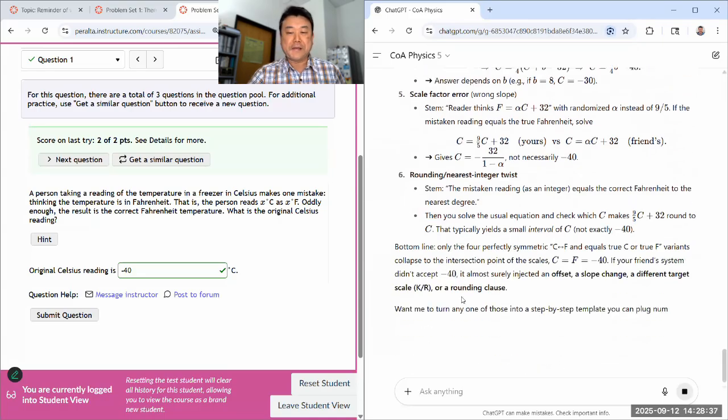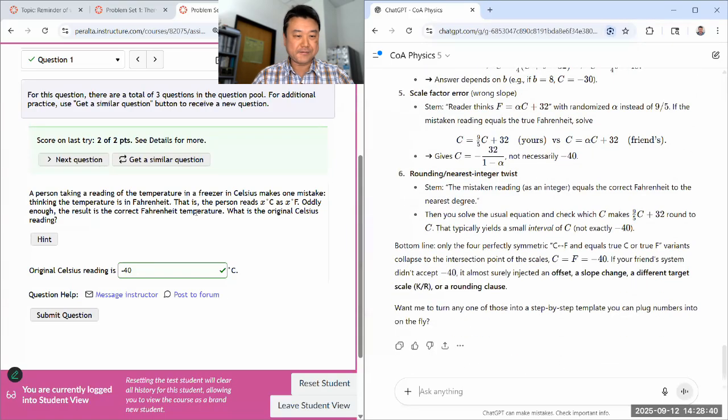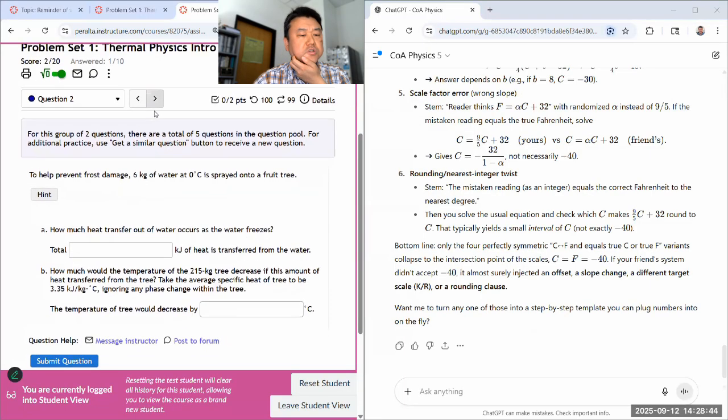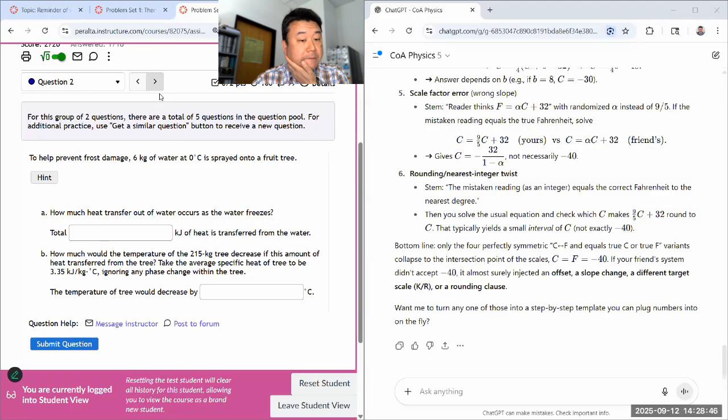Let me find the substantive question and just test the system instructions again to see if it'll do. This might actually be substantive enough. Yeah, it involves multiple steps.